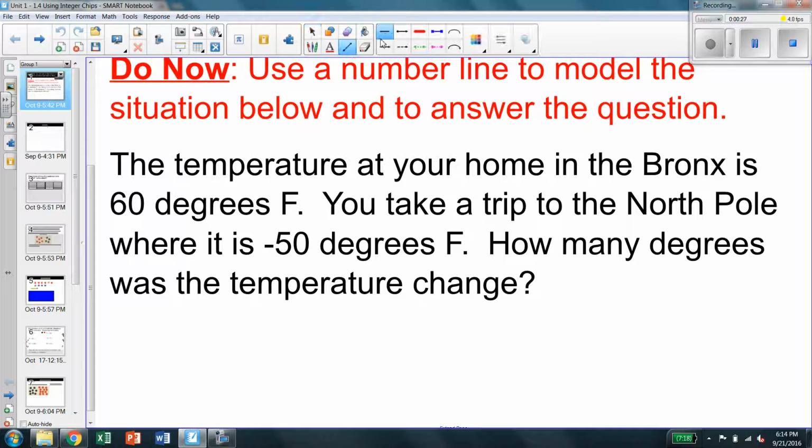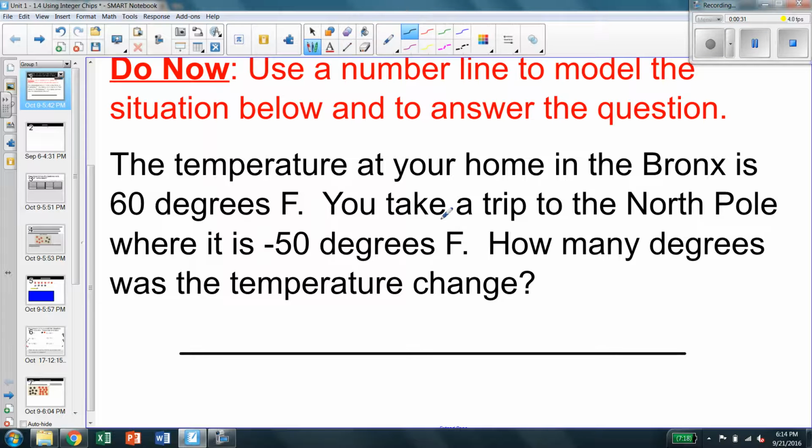So, if we were to set up a basic number line with 0 in the middle, 60 on the right side, and negative 50 somewhere down on the left, if we're starting at positive 60, going all the way to 0, and then going to negative 50, let's see how many degrees that is.